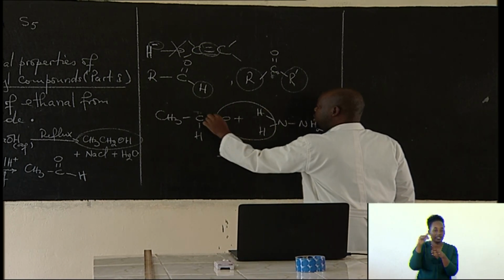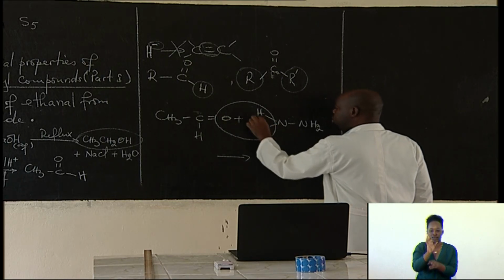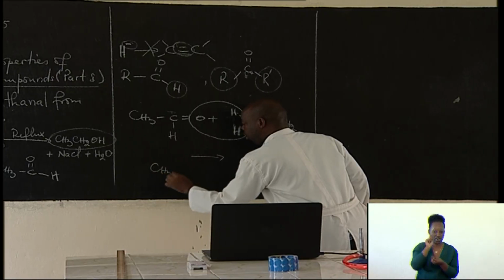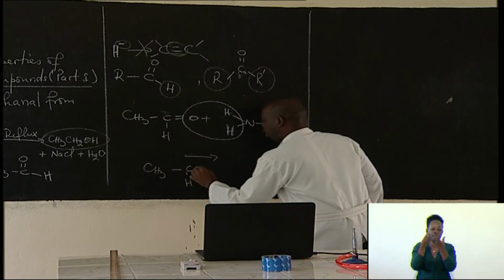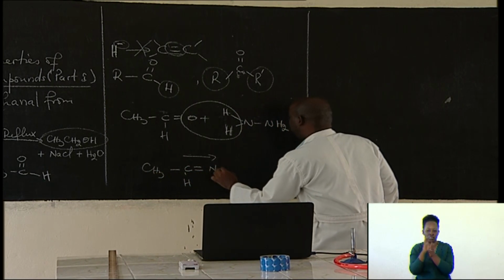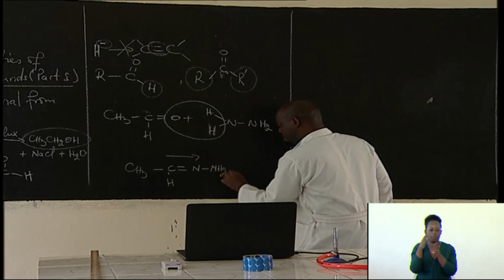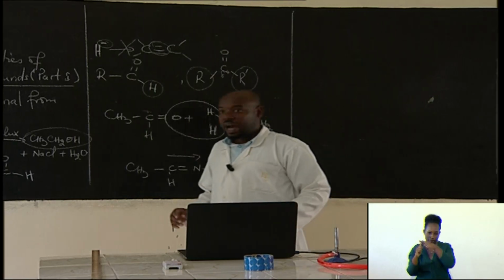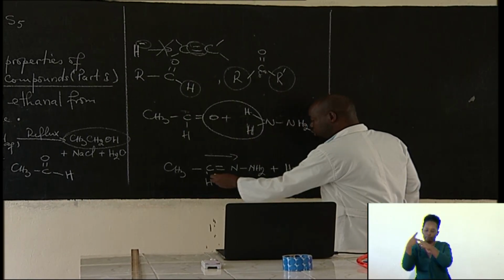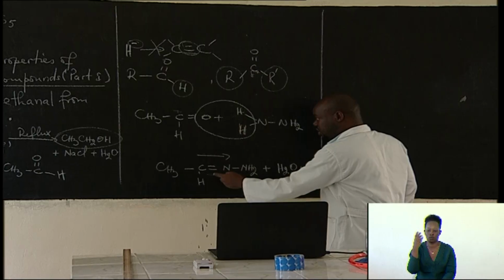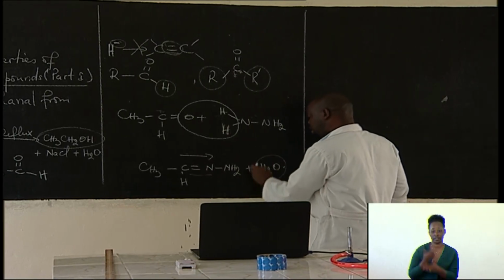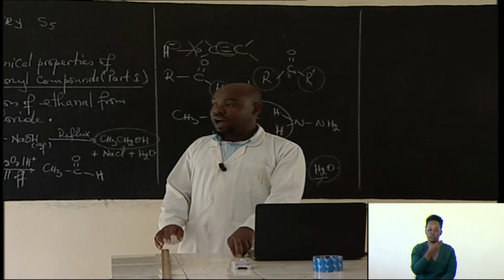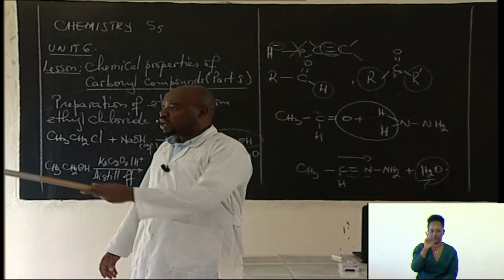In a simple way, the oxygen combines with these two hydrogen atoms, giving us CH3CH=N-NH2 plus H2O. So we have a condensation reaction as it is an addition, but which results in an elimination of a water molecule. And we have other examples you can try.